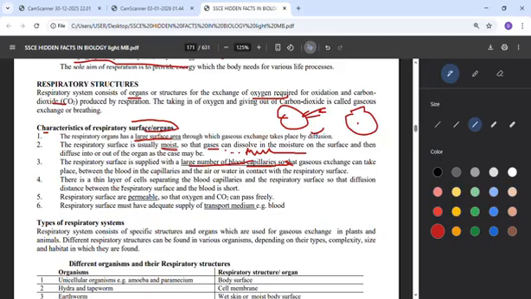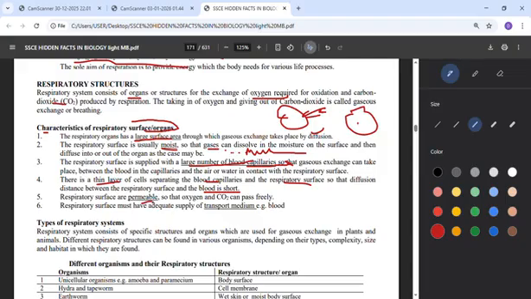Another thing about the respiratory organ is that there is a thin layer between the blood capillary and the respiratory surface. Why? So that the distance will not be too far. The blood can easily get to a destination since it's just a thin layer between them. Number 5, it must be permeable.